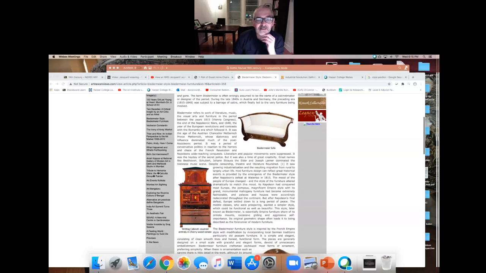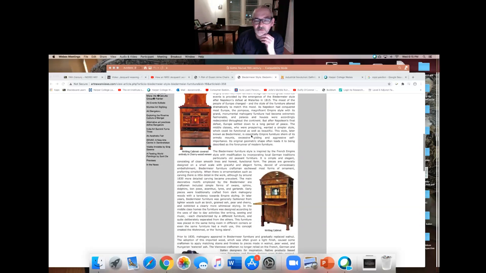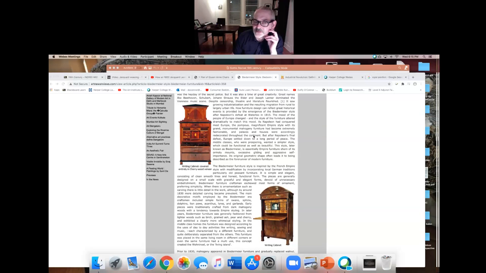There's a lot less gold. There's barely any gold on it, if at all, and it's sometimes mischaracterized as being middle class furniture. The stuff was still pretty pricey, but the Biedermeier is kind of like an Empire Light in a way.